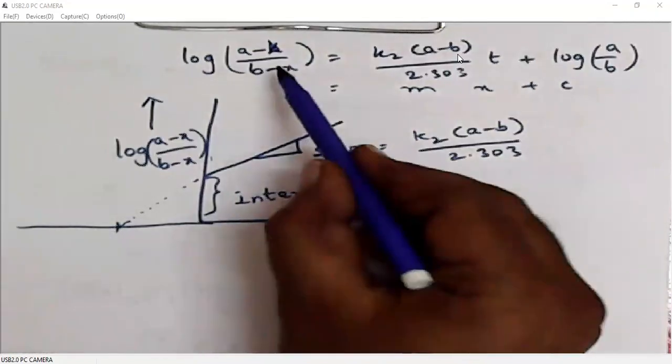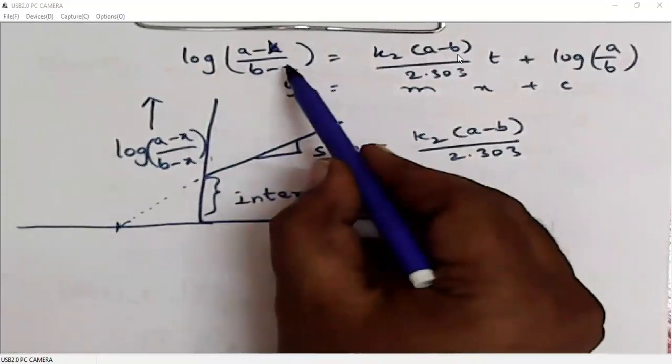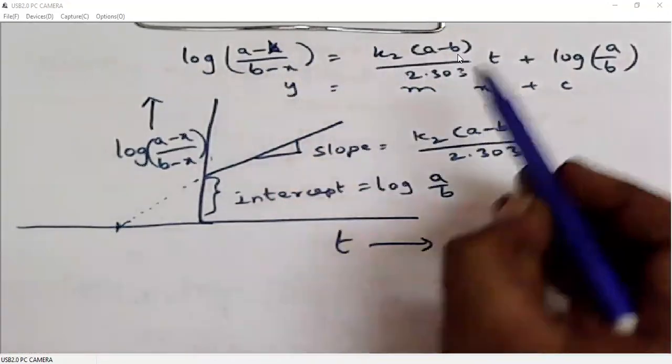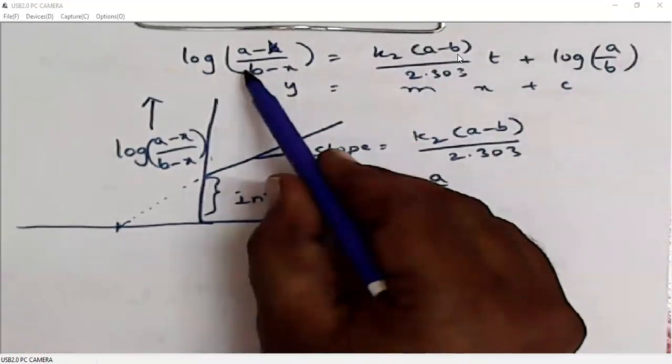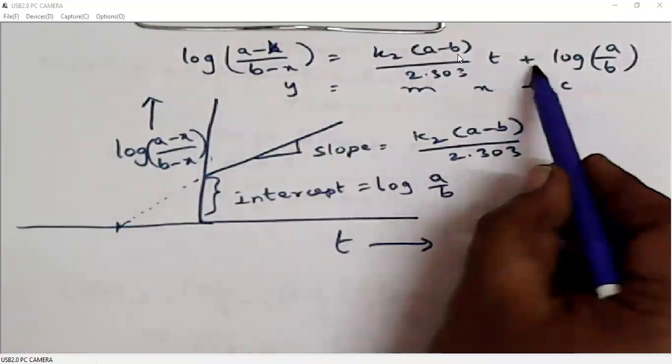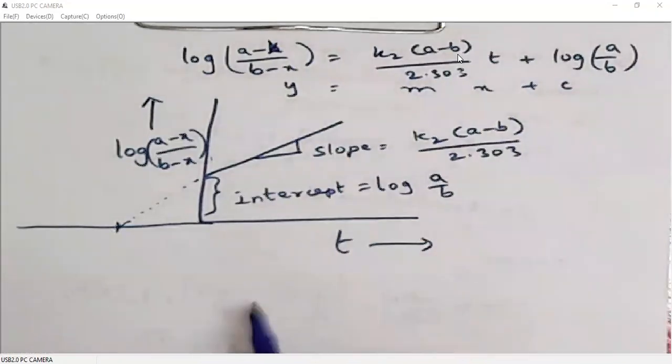So we will have log (a minus x) by (b minus x) as 0. Then it becomes 0. So this plus, when it is moved to this side, becomes minus. And what we are going to find is the value of t. So I'll just rewrite this.